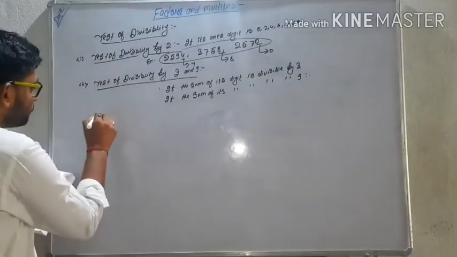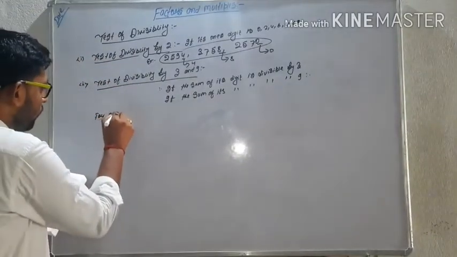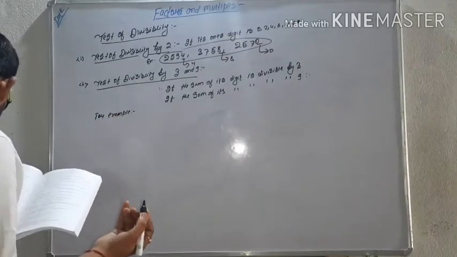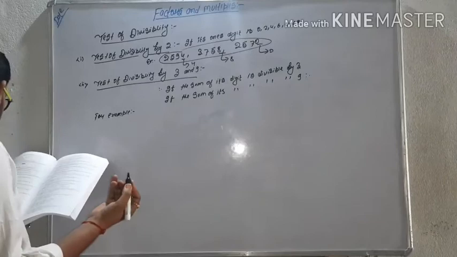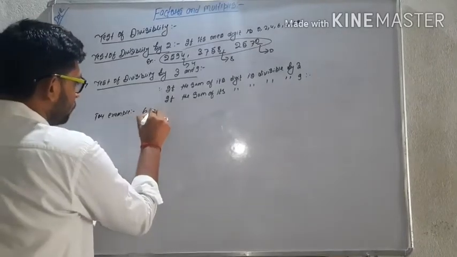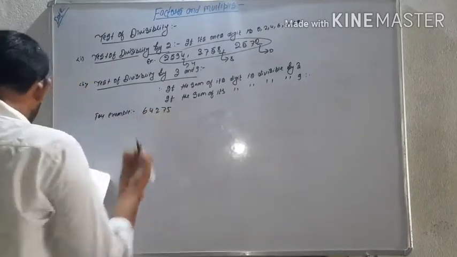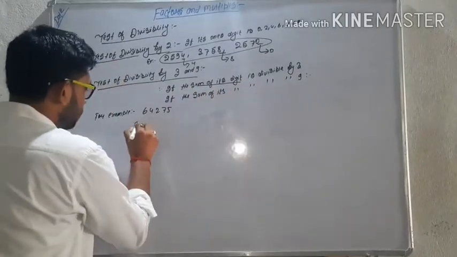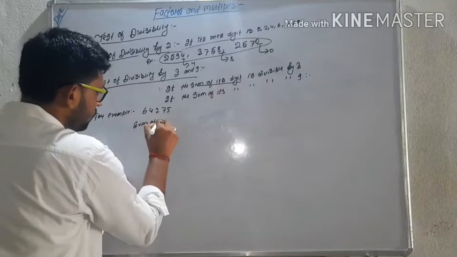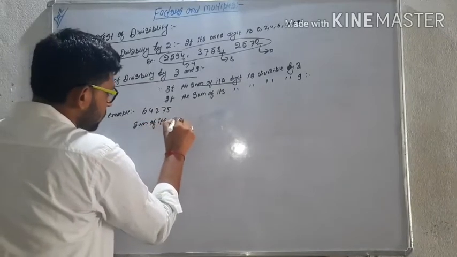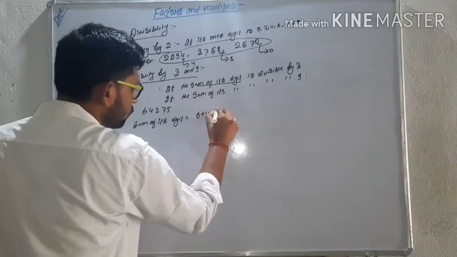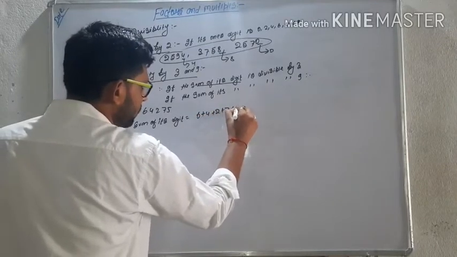For example, let us see 4275. Here we take the sum of the digits. The sum of the digits is equal to 4 plus 2 plus 7 plus 5.